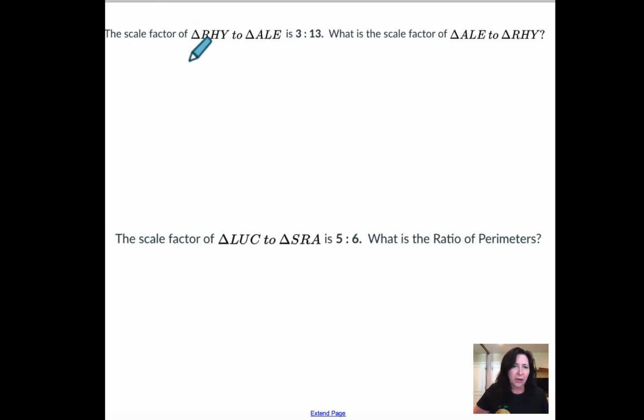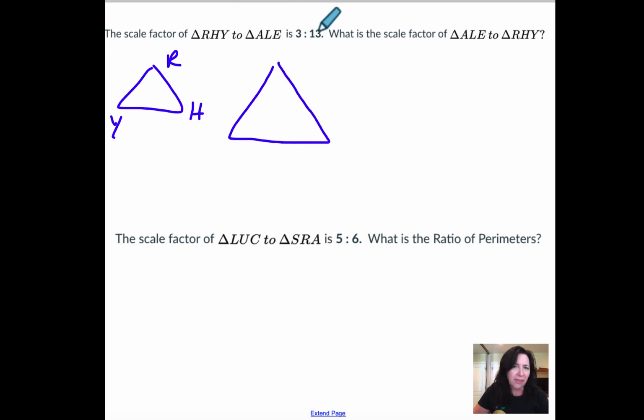For this one right here, it tells me that for RHY, so we've got R, I'm going to go right H, left Y, and then make this slightly bigger because I see my scale factor is 3 to 13. And this will be A and then L, E. Make sure you line those up evenly.